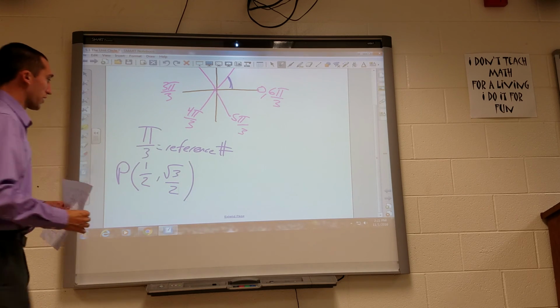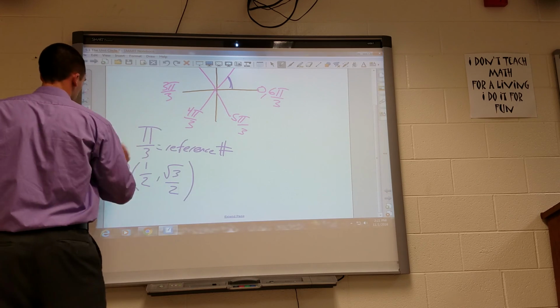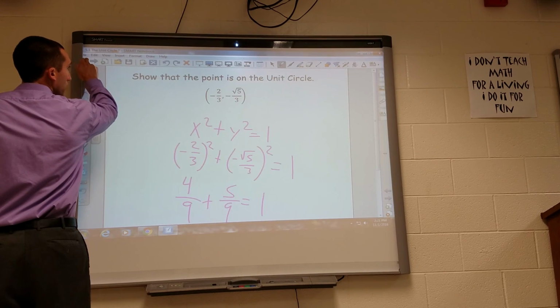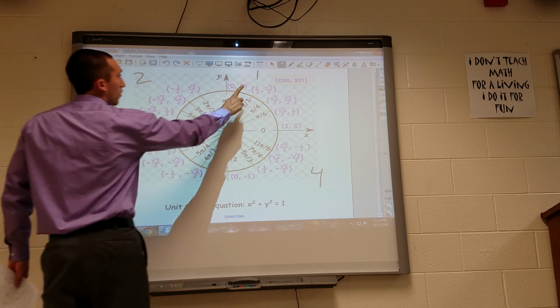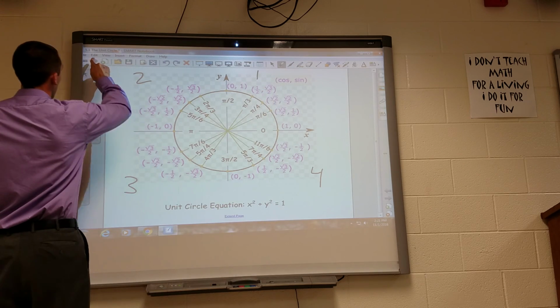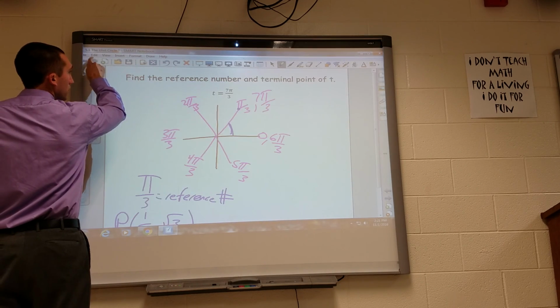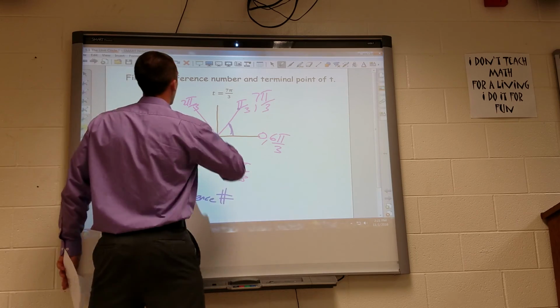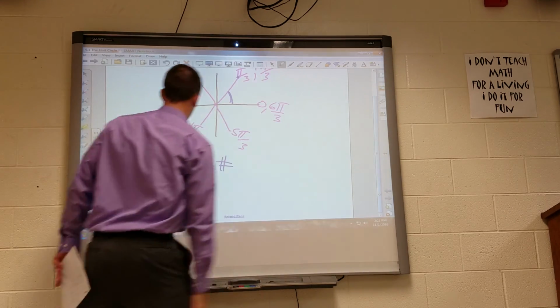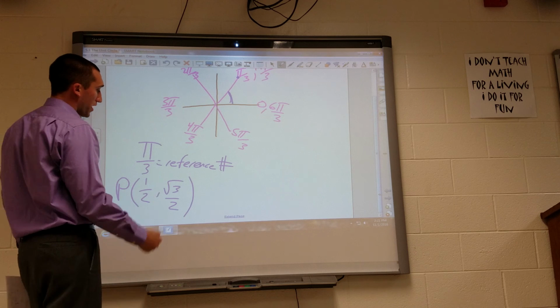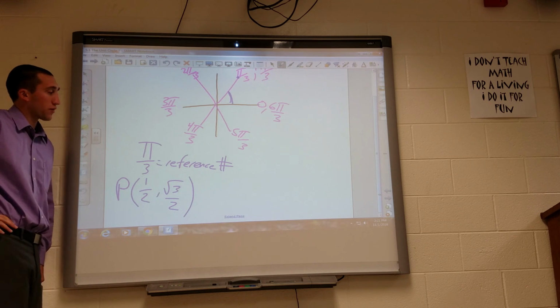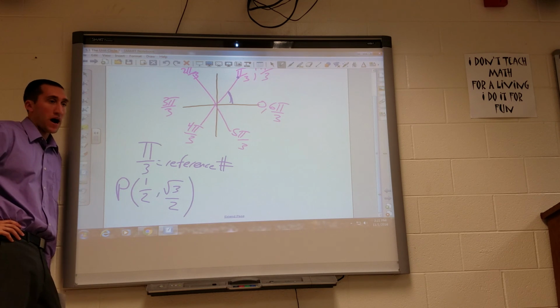Yes, pi over 3, 60 degrees, should be 1/2, radical 3 over 2. So 1/2, radical 3 over 2 should be my answer when I have a reference number of pi over 3.